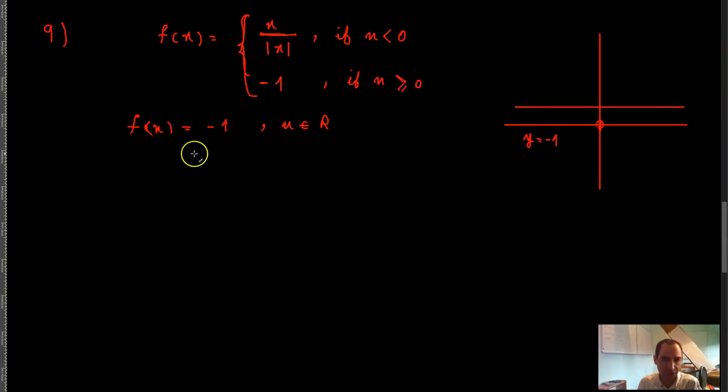We can write it this way. And of course, you know that this function is continuous all throughout. It's basically this function over here, and this function is continuous all throughout. That means that f is continuous for all real numbers.